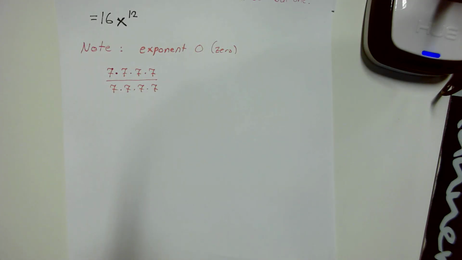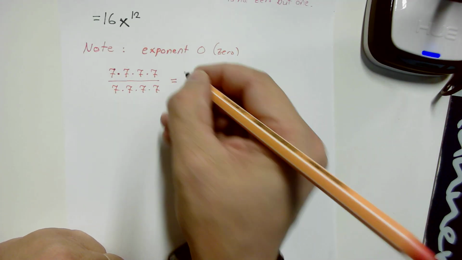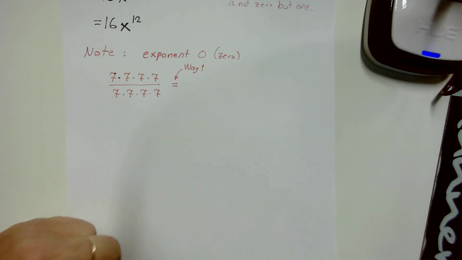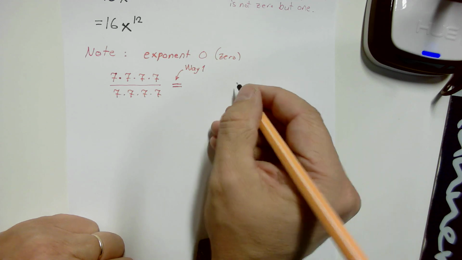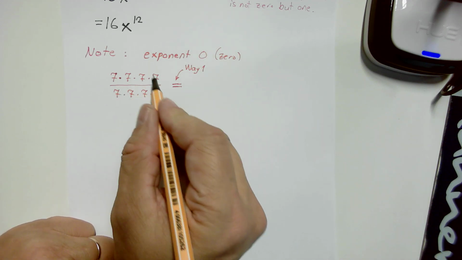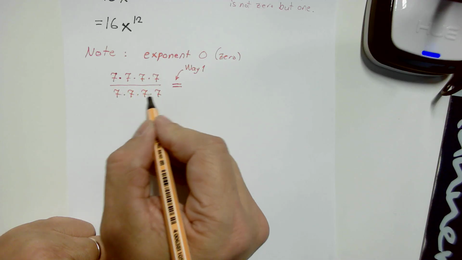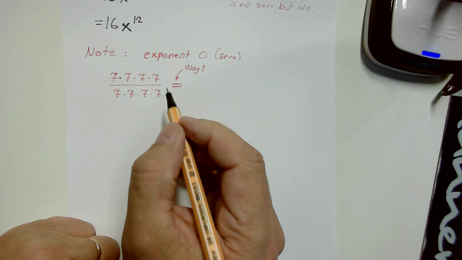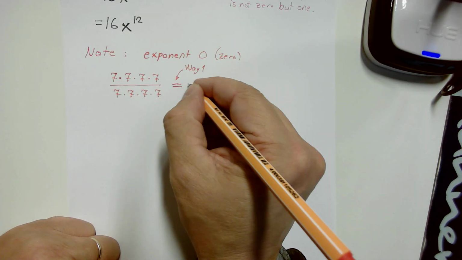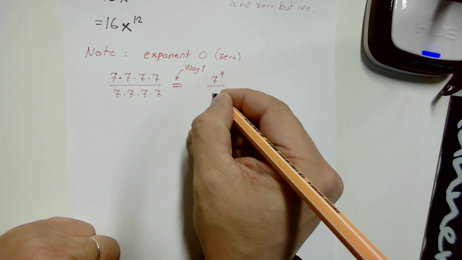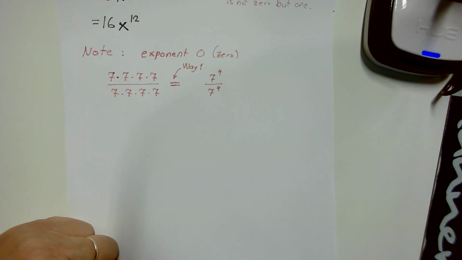We may calculate this in 2 ways. For example, like this, way 1. We may see that there are 4 sevens on both sides of the division line. So this means that it is 7 to the power of 4 divided by 7 to the power of 4.